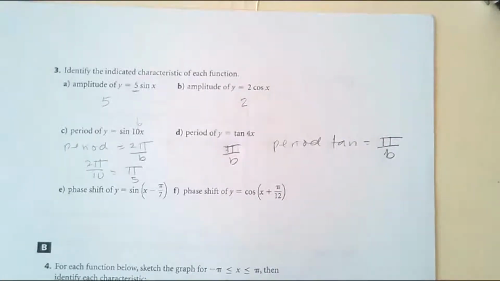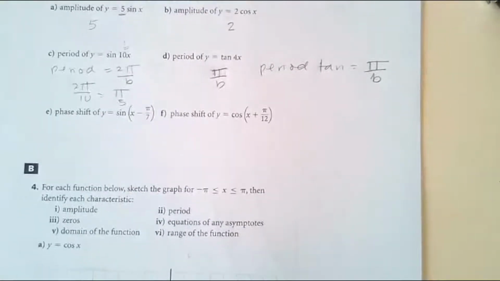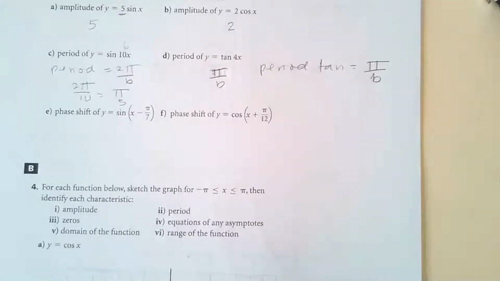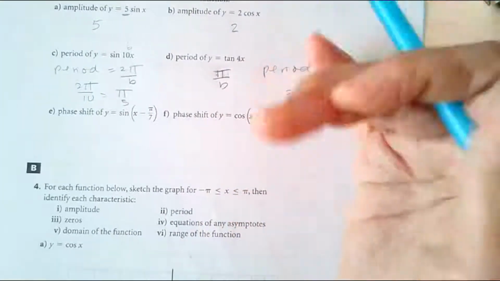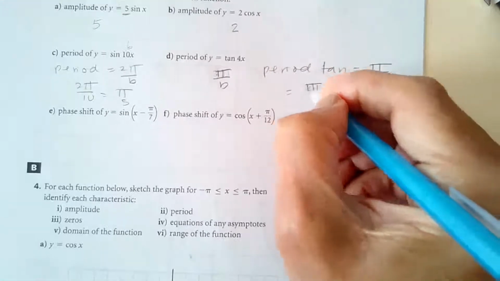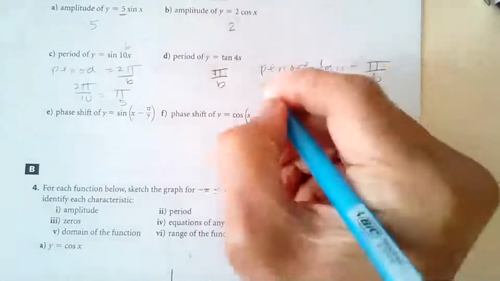Because remember your tangent is undefined at 90 degrees or pi over 2 and 270 degrees or 3 pi over 2. Pi over 10 over 4. That's a period.